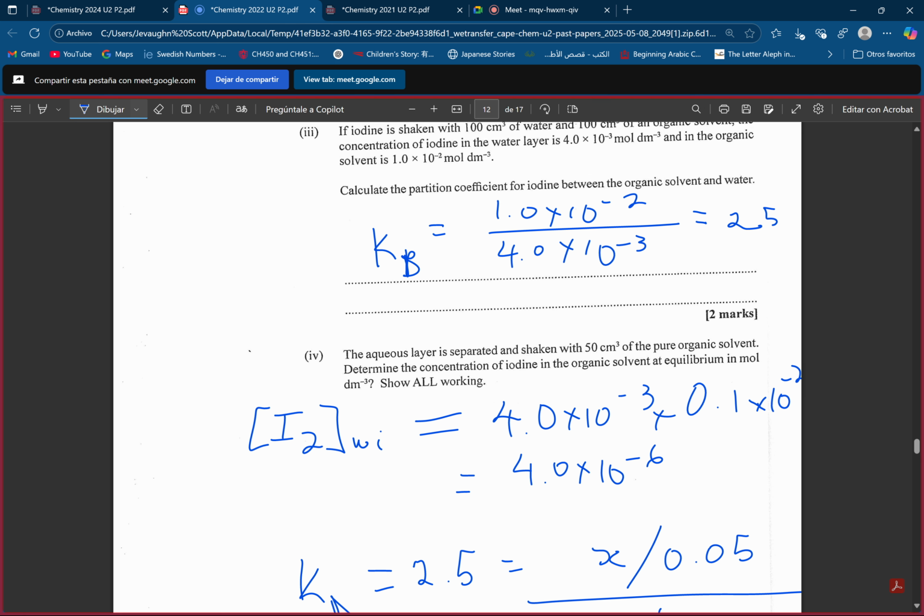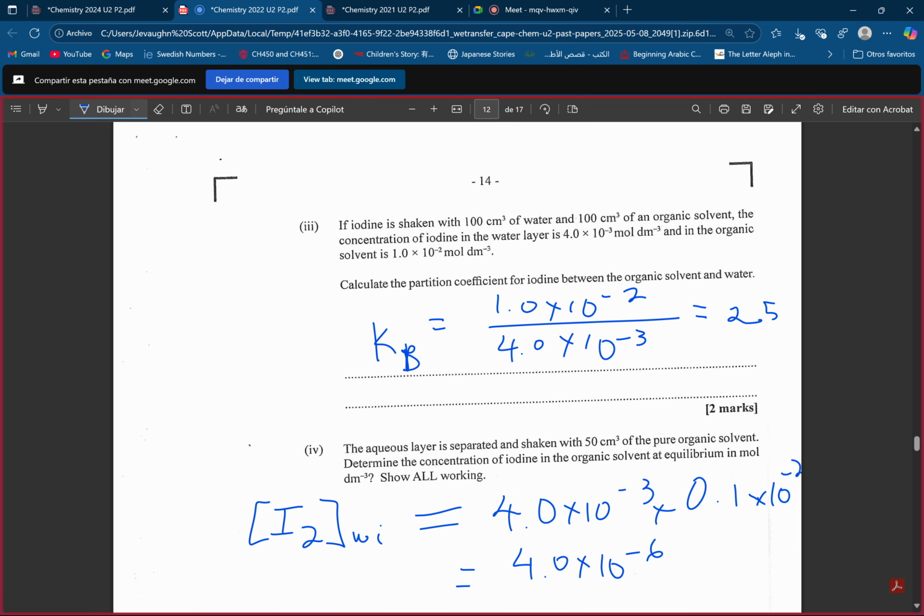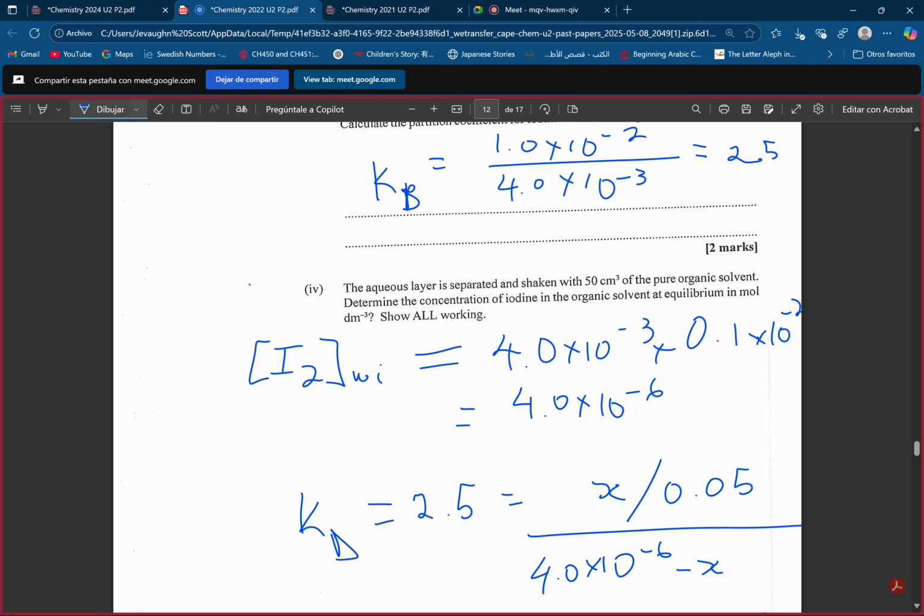Hold on. This is 100, so this would be 0.1. I made a mistake right there. So it actually should just be multiplied by 0.1, and that would give you 10 to the negative 4th power. And then this would just be divided by 0.1.